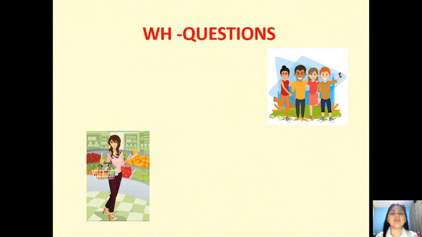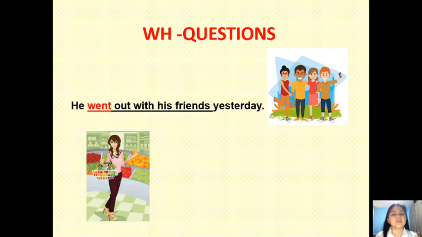Okay, WH questions. Here you will find two pictures. In the first picture, there are some guys, four, it's in plural, and here there is a person in singular form. Let's start. We say he went out with his friends yesterday. What is the question? Do you remember the first part of the class, at the beginning?